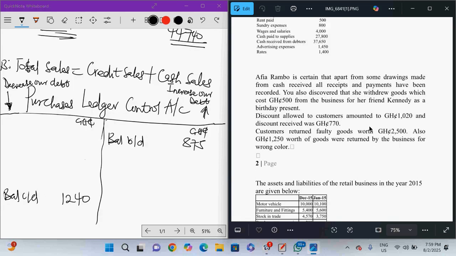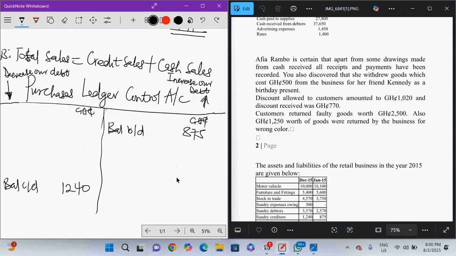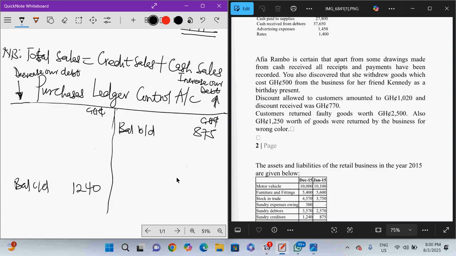Discounts we allowed, discount received. Here the discount allowed was for the sales. Discount received will be for the purchases or the creditors. That's 770. We receive the discount of 770 from our suppliers, from our creditors.